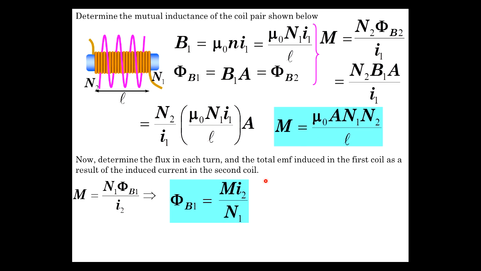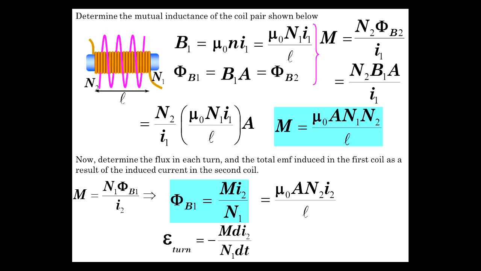So you have N1, N2. We're dividing by N1. So we end up with the answer for the flux in each turn just related to the number of turns of the second coil. The more turns you have there, the more EMF or flux ultimately produced in the turns of the first one.